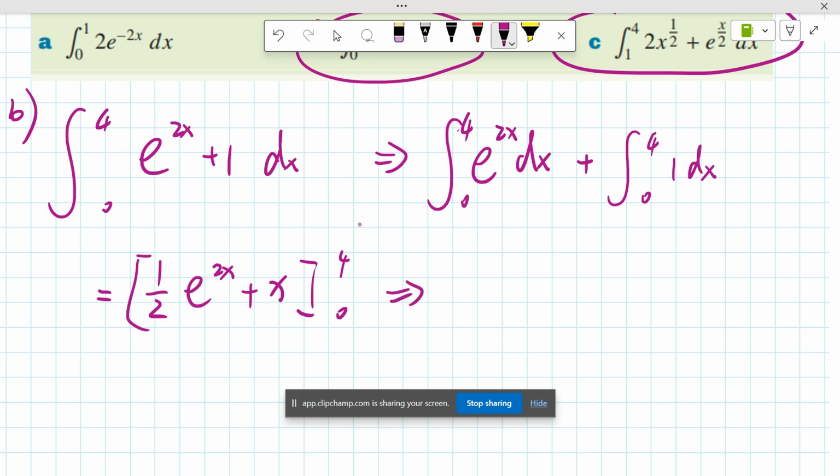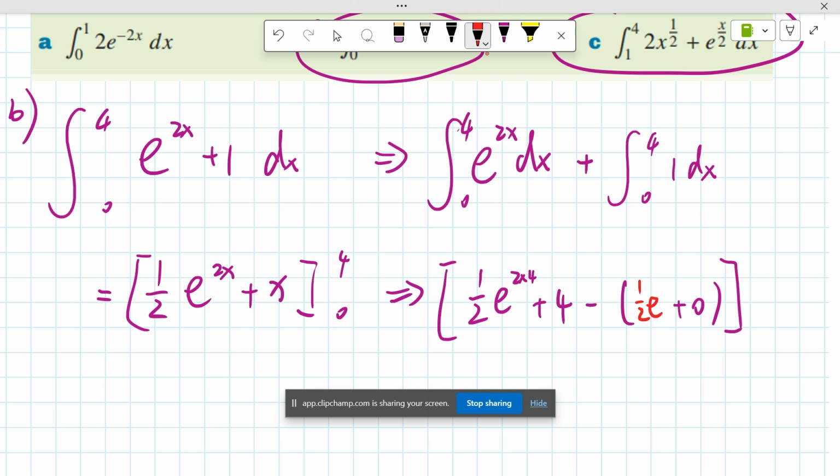Once we know that, 1 over k e to the kx plus x, we substitute in the 4. First things first: half e to the 4 times 2, plus 4, minus, use the bracket please, 0 plus 0. Oh, actually, the first one is not equal to 0; we change that one to half e to the 0.